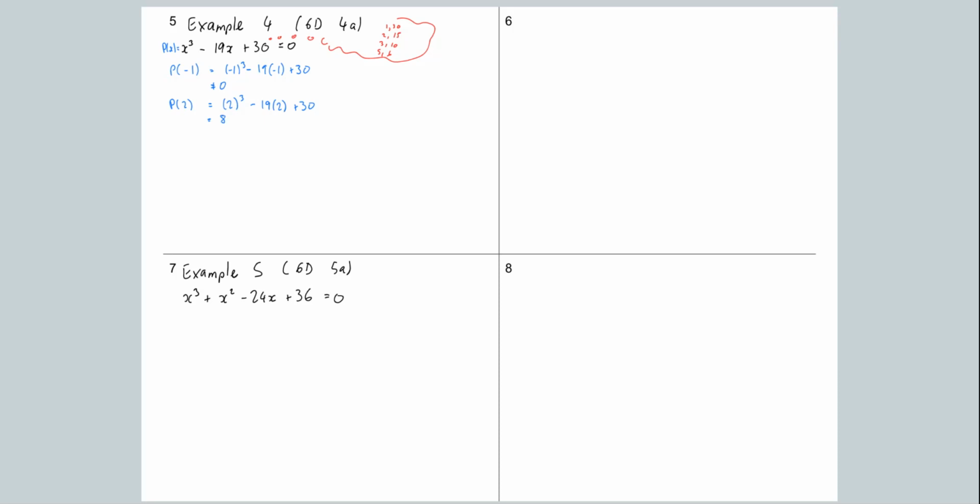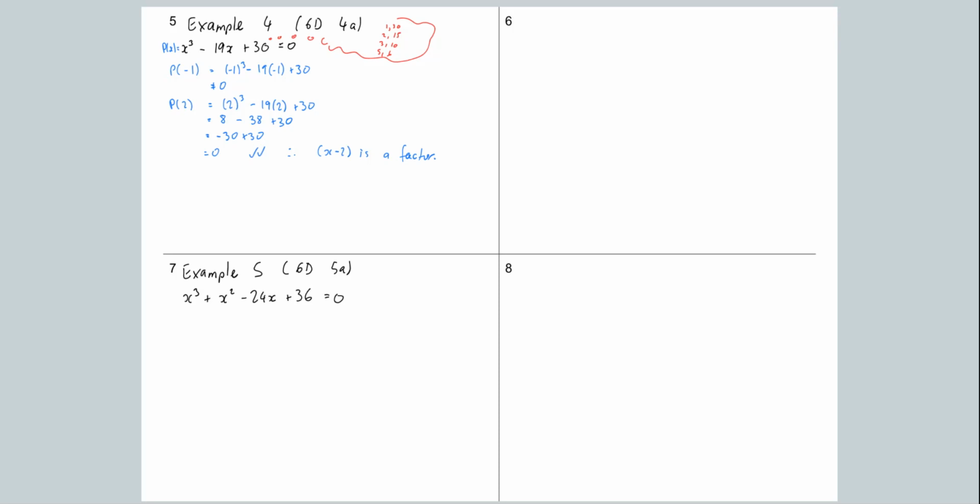Minus 19 times 2 is minus 38. Plus 30. Yep, that works. I was thinking for a second, which is why I was pausing. Oh, maybe I should have tried negative 2 to start with. But no, 8 minus 38 is minus 30 plus the 30, which is equal to 0. Therefore, x minus 2 is a factor.